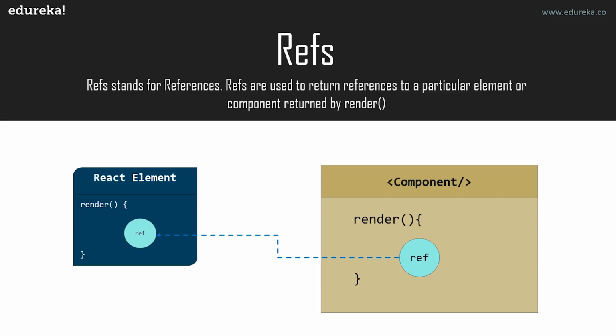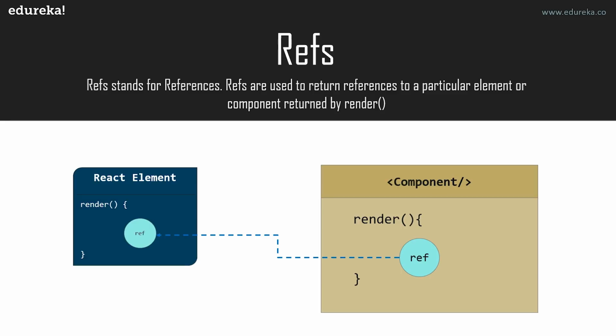Now the important thing is when to use refs. There are a few good use cases for using refs. You can manage the focus, manage the text selection, or apply media playback. You can apply refs in applications where you are triggering imperative animations, or integrating with third-party DOM libraries. Probably there you can use refs very well.